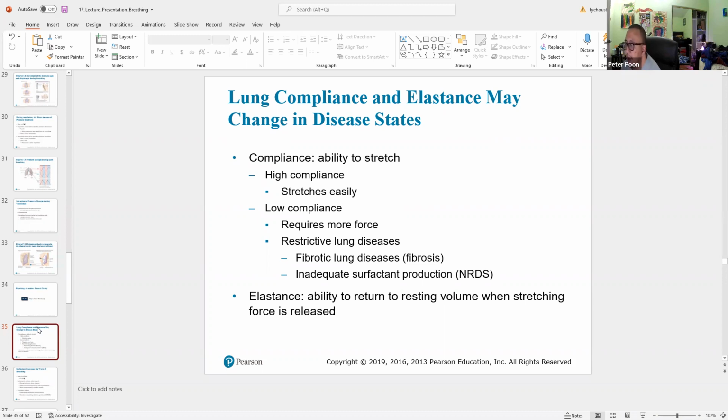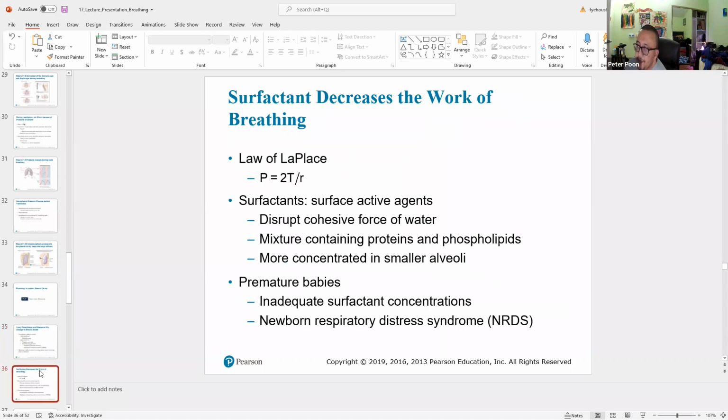And so you see this in restrictive lung diseases like fibrosis or inadequate surfactant production. Elastic ability is the ability to return to resting normal. Compliance is technically stretching.